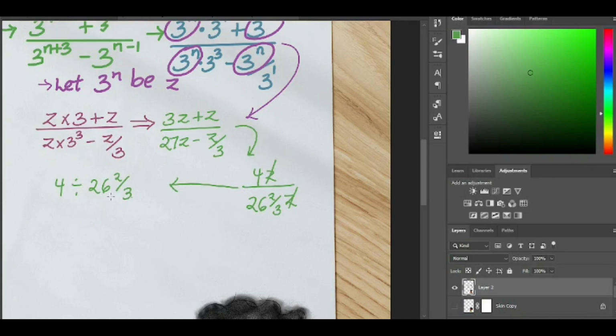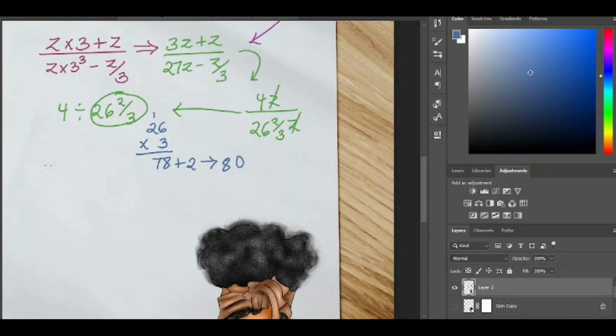When I resolve this into a mixed fraction, I take 26 times 3. 3 times 6 is 18, carry 1. 3 times 2 is 6 plus 1, 7. So 78. Then 78 plus 2, that numerator is going to give us 80. So eventually our answer is 4 divided by 80 over 3.